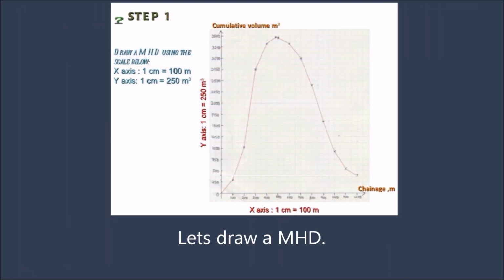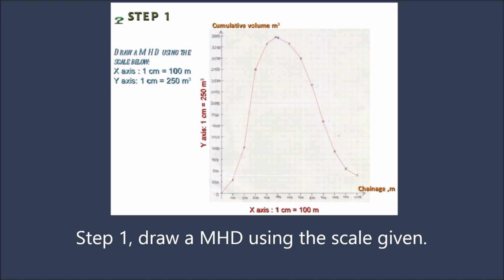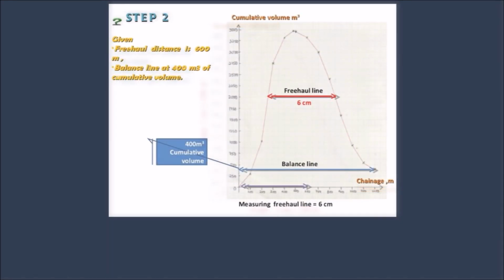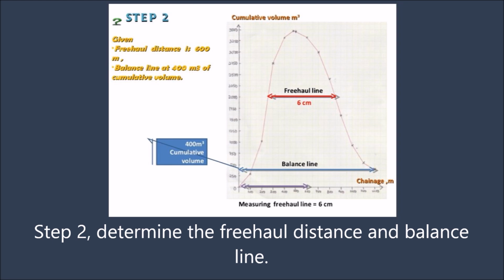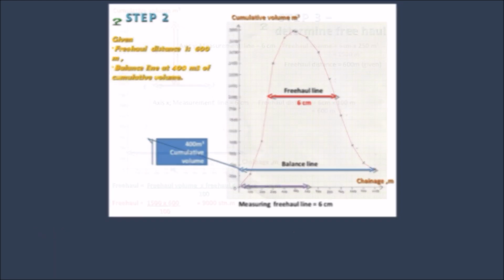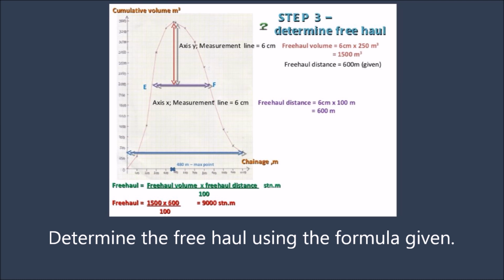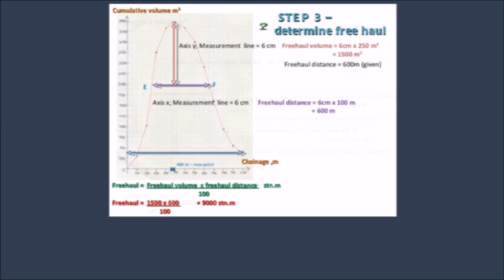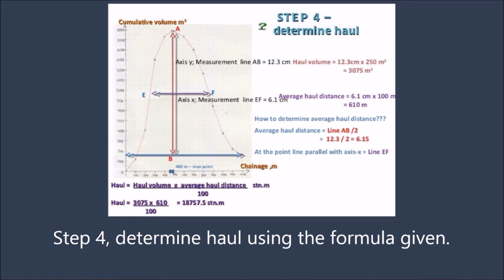Let's draw a mass haul diagram. Step 1. Draw a mass haul diagram using the scale given. Step 2. Determine the free haul distance and balance line. Step 3. Determine the free haul using the formula given. Step 4.